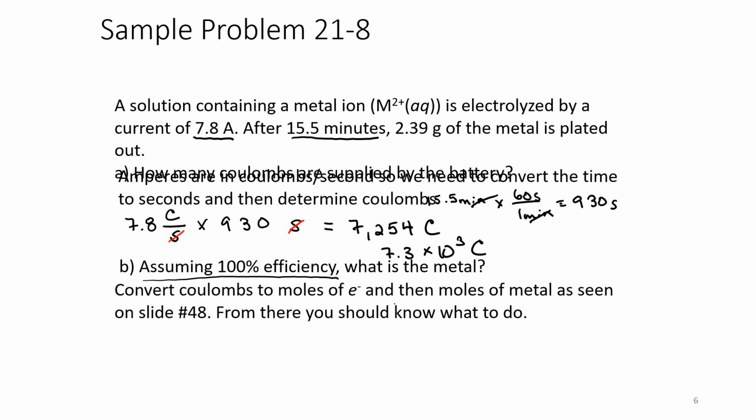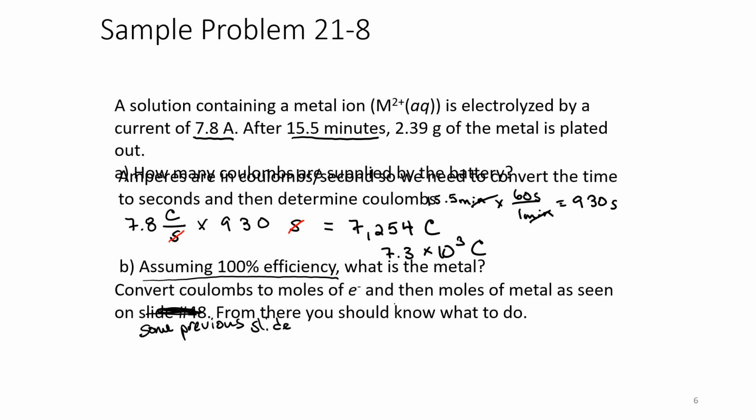It wants us to know what is the metal. So I'm going to get rid of this because who knows what slide number this is. And then moles of the metal as seen on some previous slide. I don't know what slide it is because I've changed them around whenever I've done this as a podcast.